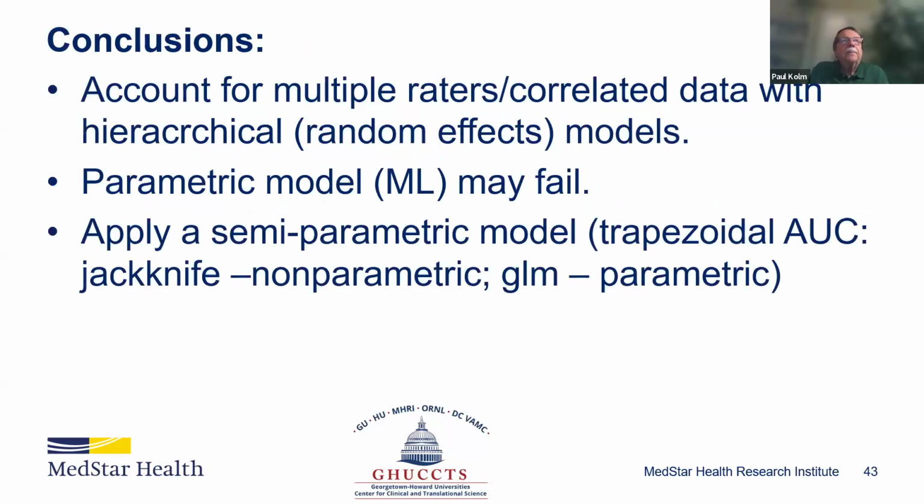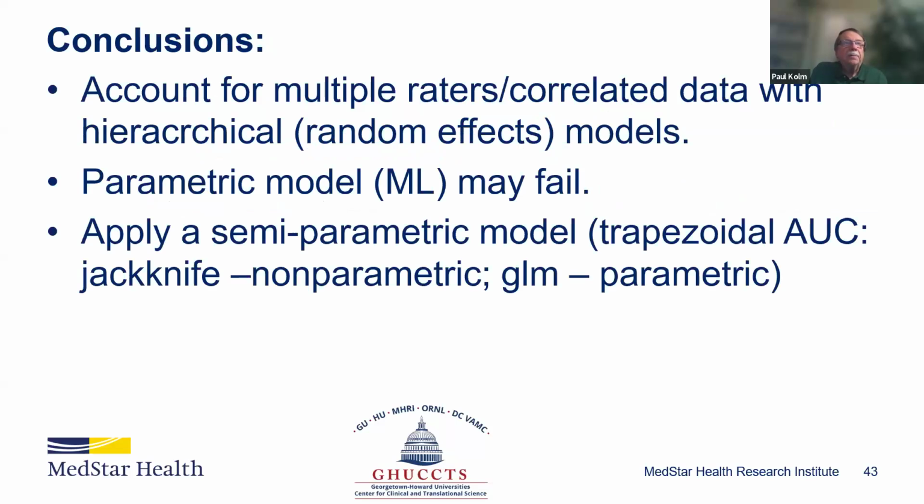So the conclusions that we can make is that we can account for multiple raters and correlated data with hierarchical models where we have random effects. In this case, we have 2 random effects, the patients, which are always random effects, and then the raters, which we treat as a random effect.